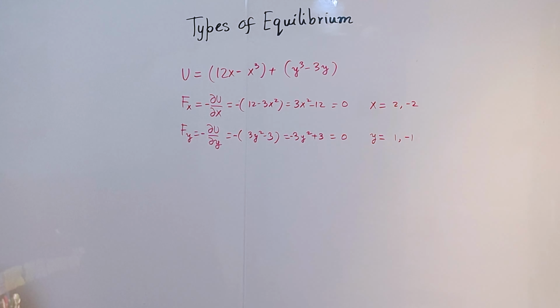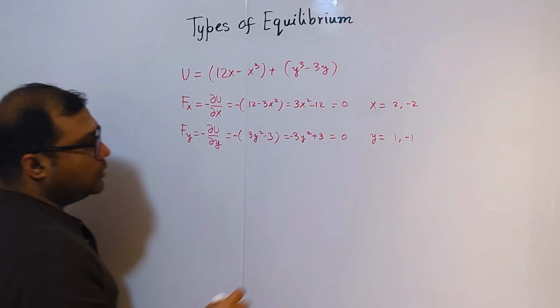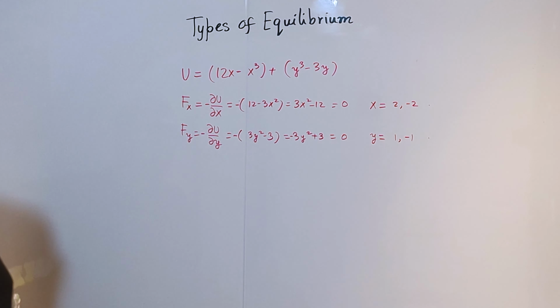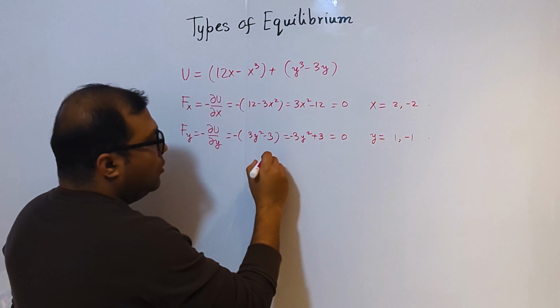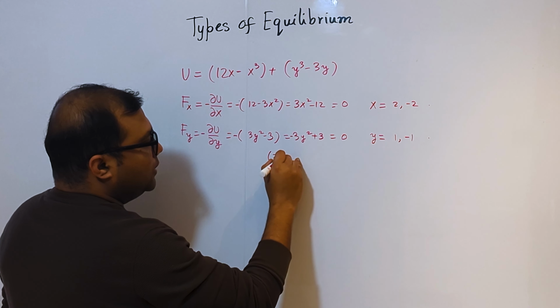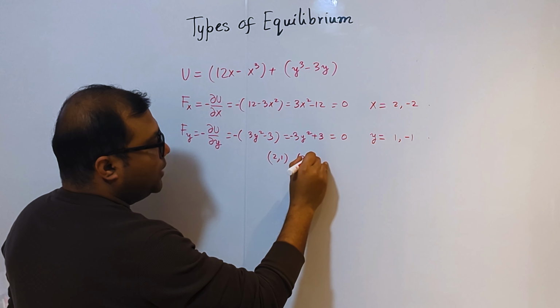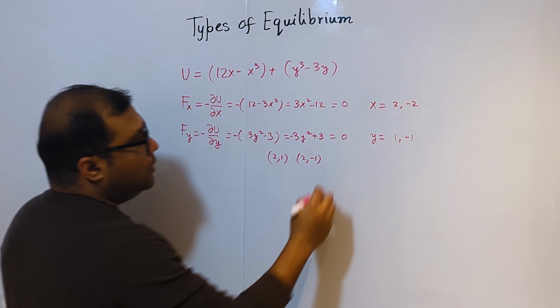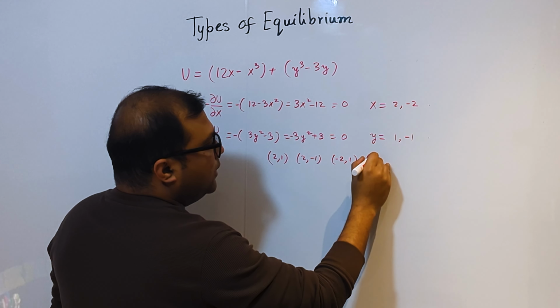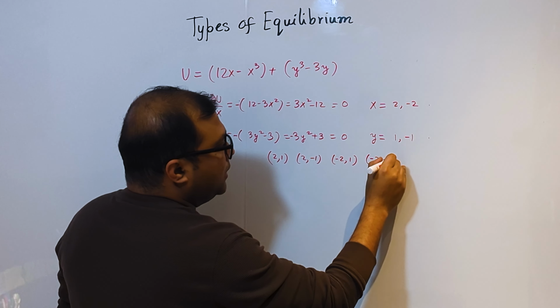Okay. Now we got two sets of x and y, so we have to look at all possible combinations. When x equals 2 and y equals 1, when x equals 2 and y equals minus 1, when x equals minus 2 and y equals 1, and when x equals minus 2 and y equals minus 1.